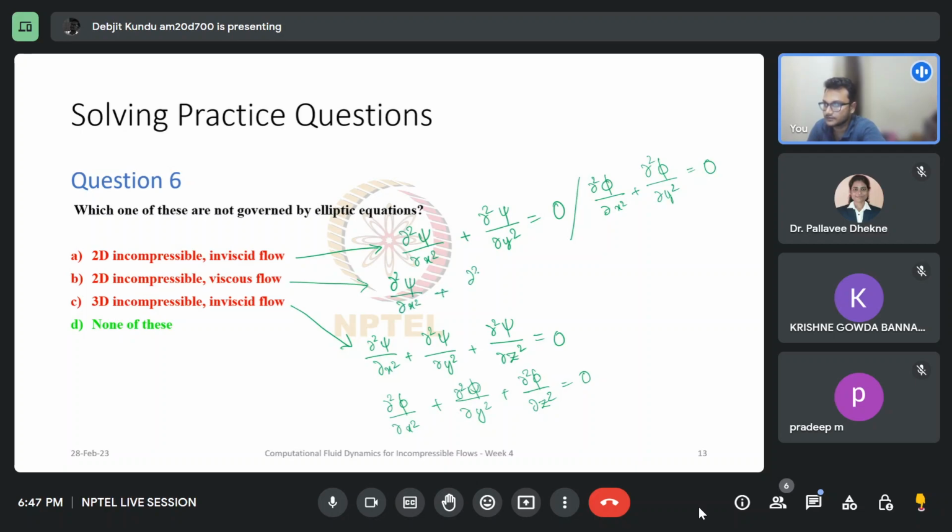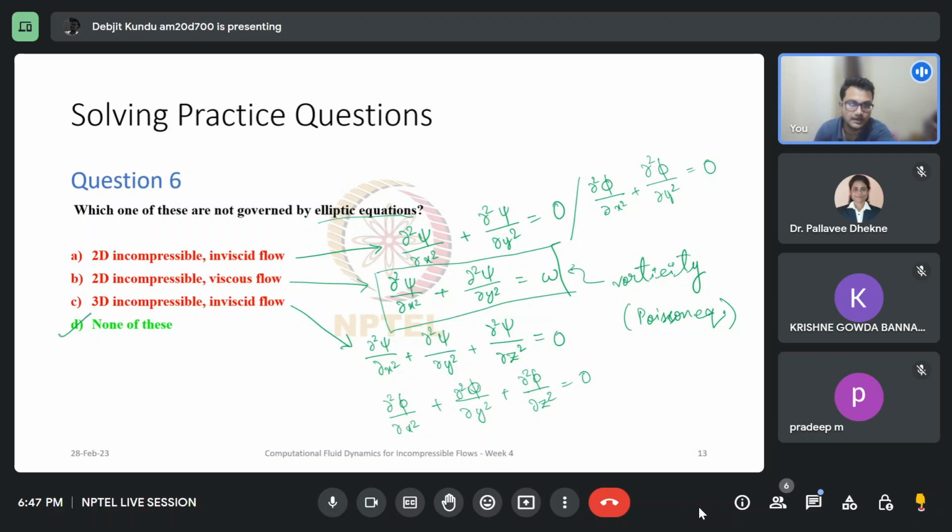So we will have something like this in 2D, and this would be equal to omega, which is the vorticity. So instead of being a Laplacian, this would be a Poisson equation. Now that doesn't mean that this becomes non-elliptic. This is still an elliptic equation. So that's why all three of these are governed by elliptic equations, and none of these would have been the correct answer. Does this clear things up? Am I making sense?